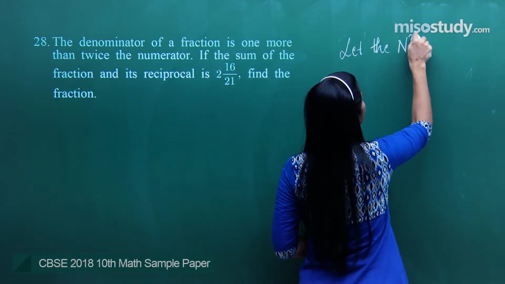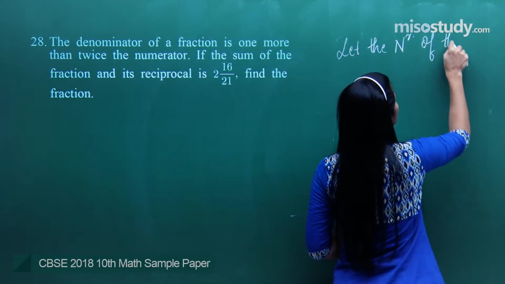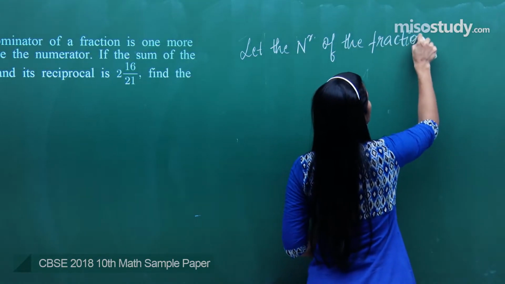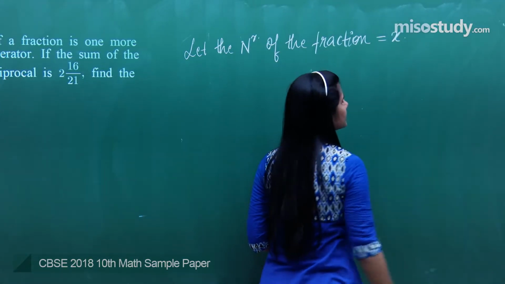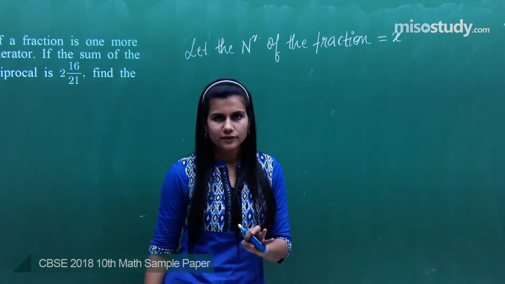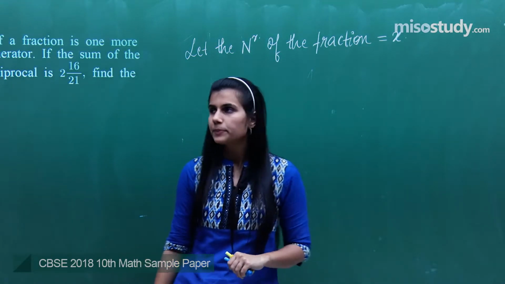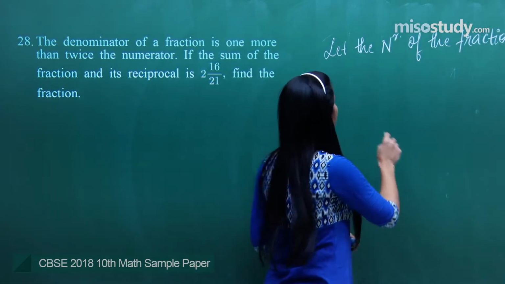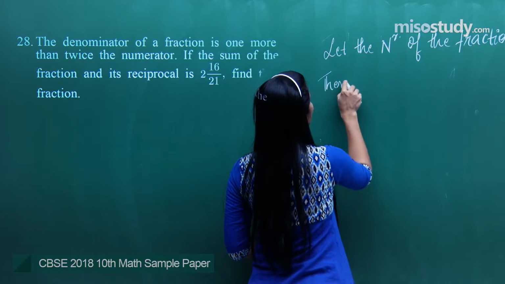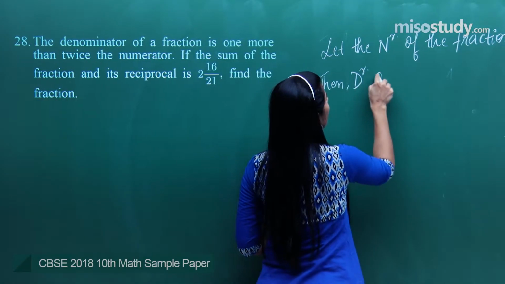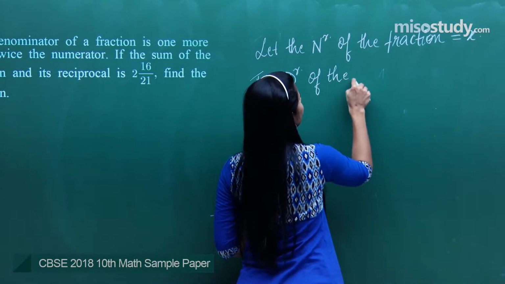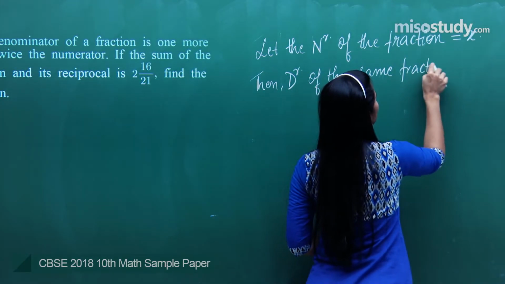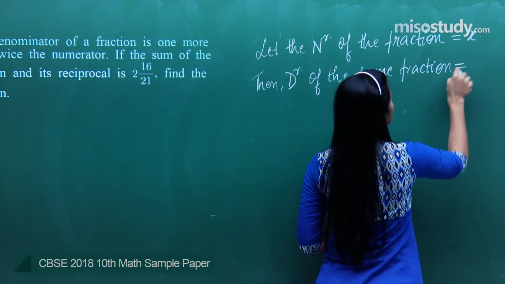Let the numerator of the fraction be equal to x. Suppose x is the numerator of that fraction lying above in the fraction. If x is the numerator, what is the denominator? Then the denominator of the same fraction is what?